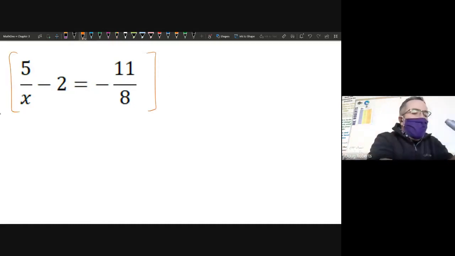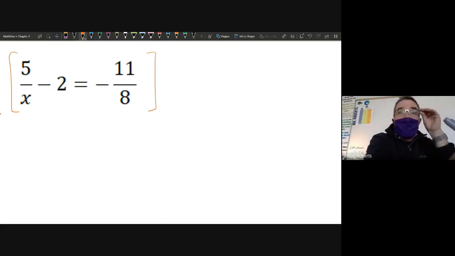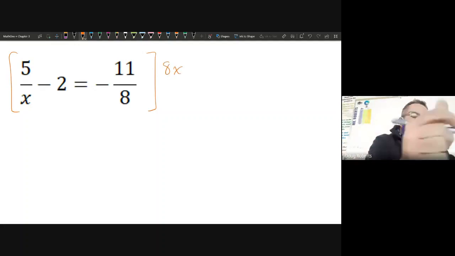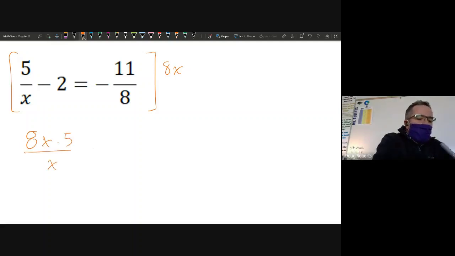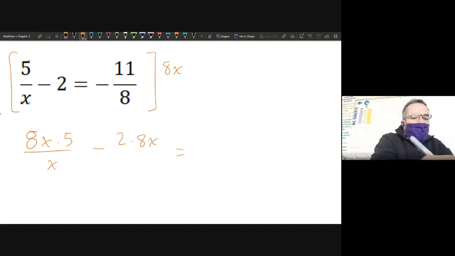What are we pushing across all of my terms? Exactly. So this first term is going to be an 8x, and then there's a 5 over x minus 2 times 8x equals negative 11 times 8x over 8.